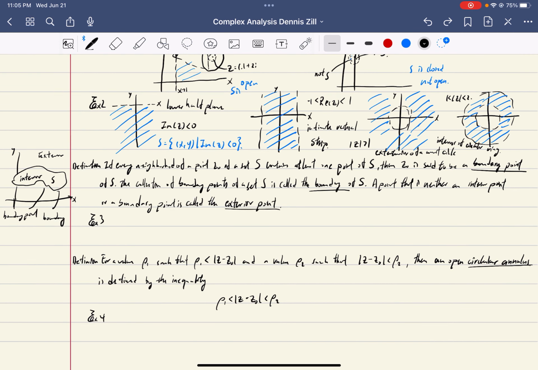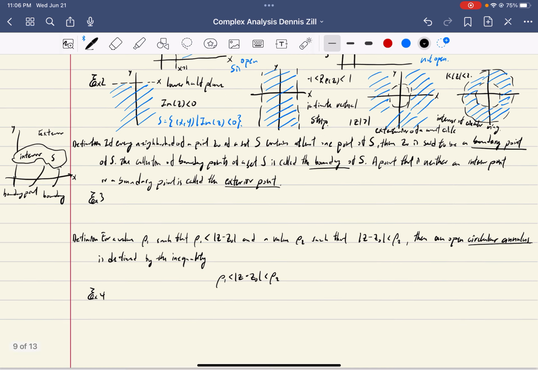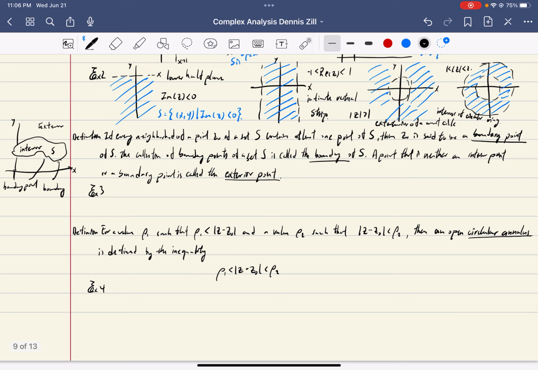So that is the smallest neighborhood we can get, and that is called the boundary point. This is very real analysis: they choose a point so very small, and it contains a little part of S. But now we're in complex analysis, so it doesn't have to be a small set. But that's what it is.